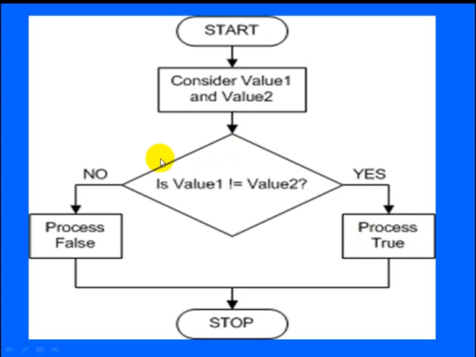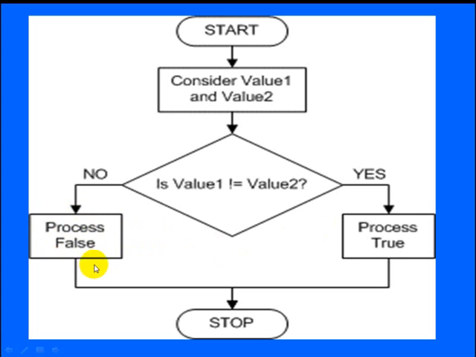For that some decision must be taken depending upon this condition. If this condition evaluates to true, then this particular set of instructions gets executed. Here we can enclose multiple statements, and if this condition evaluates to false, then the other set of instructions gets executed.